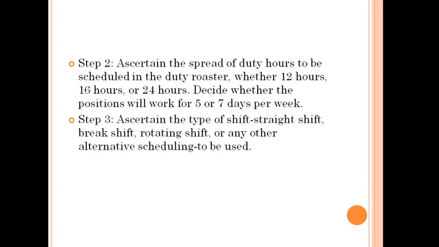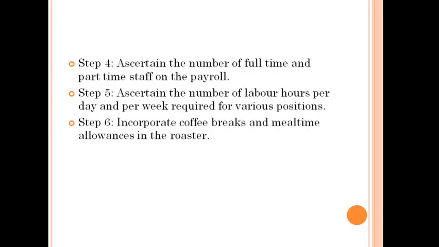So the shift also has to be mentioned because the timing should be there, whether it is a morning shift or a rotating shift or a break shift. So clearly mentioning the shift is also very important.